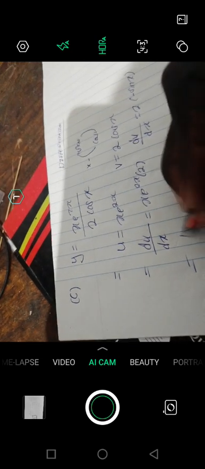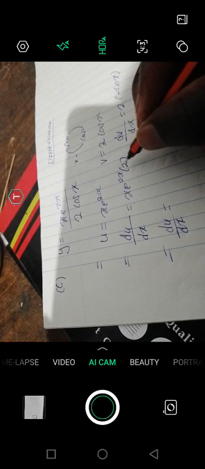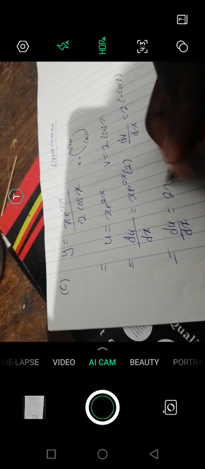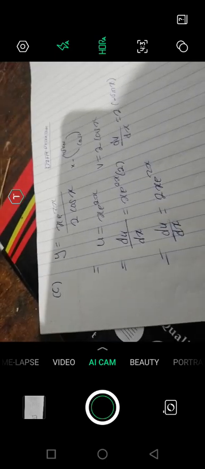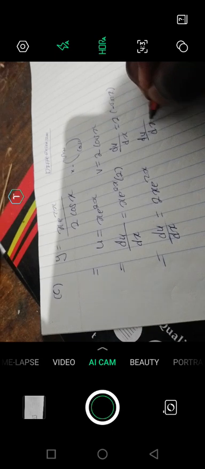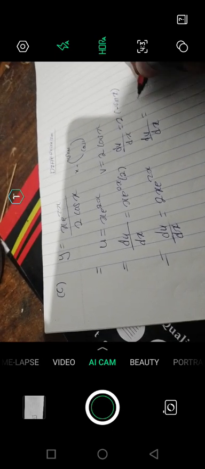And I go ahead, I say du over dx is equal to, this time, 2x e to the power 2x, and dv over dx is equal to negative 2 sine x. Okay.